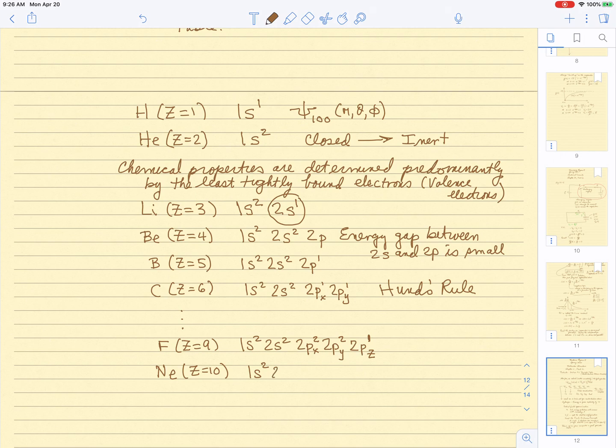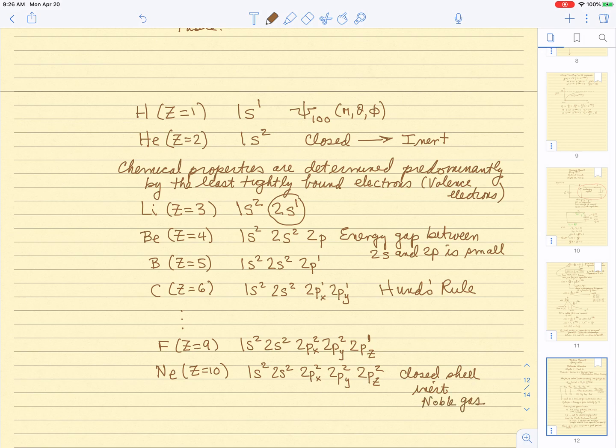That'd be 1s2, 2s2, 2px2, 2py2, and 2pz2. And now again, this is a closed shell, and you know that neon is inert, and it's one of the noble gases.